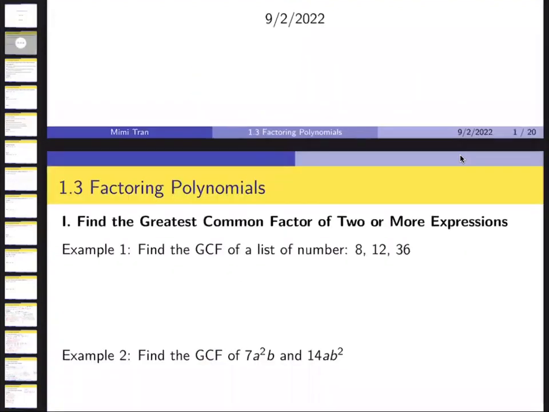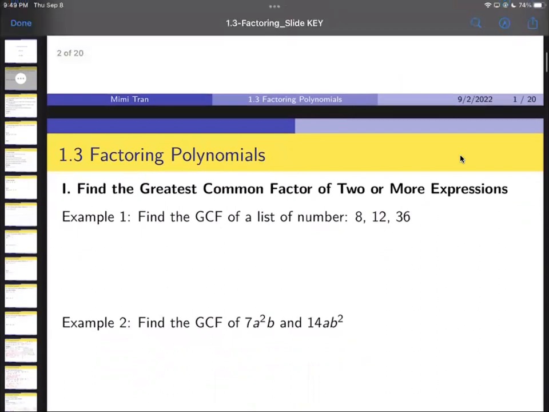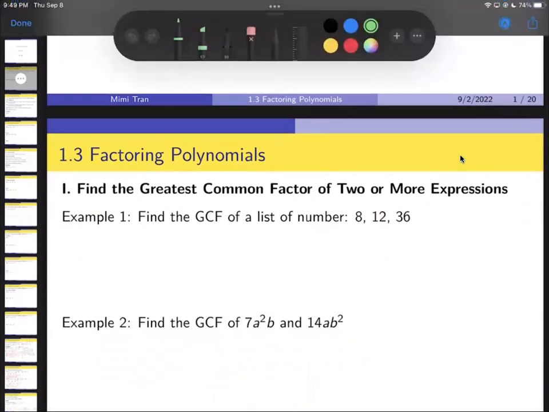Example 1: find the GCF, short for greatest common factor, of the list of numbers 8, 12, 36. In 661 or 662, I used the prime factorization. So I'm going to write out 8 is equal to 2 times 2 times 2, and 12 is equal to 2 times 2 times 3.